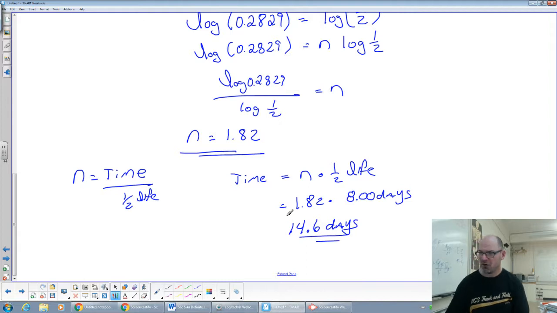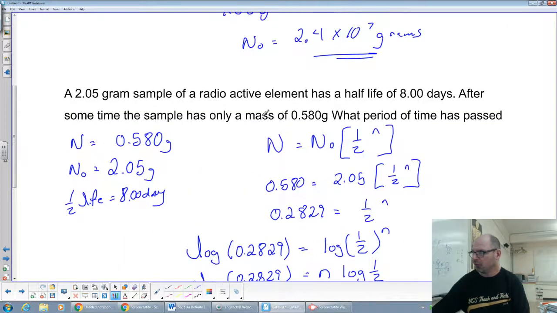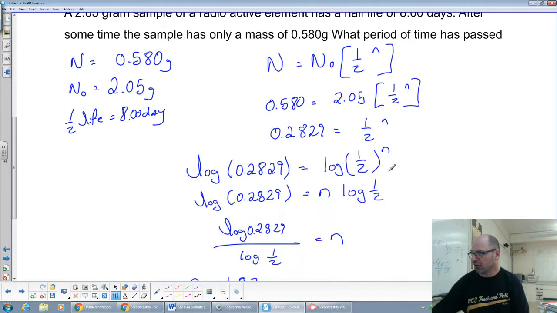Okay, now if you didn't know logs in this type of example, when you got to here, you would just go 0.5 to the power of 2 and you would guess it out. Well, that makes no sense. Why isn't the guess and check working here?